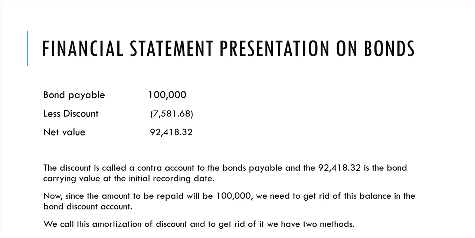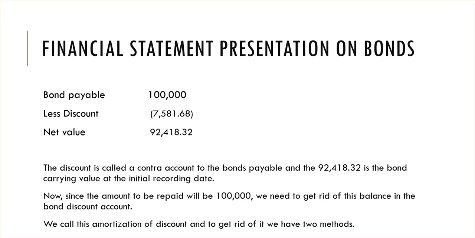Now, on the previous slide, we had the bond payable as a credit balance, and we had a debit to discount. So this is also helpful when you're trying to figure out, well, do I subtract it to get it? And this net value here is called carrying value. So do I subtract or do I add to get carrying value from the 100,000?